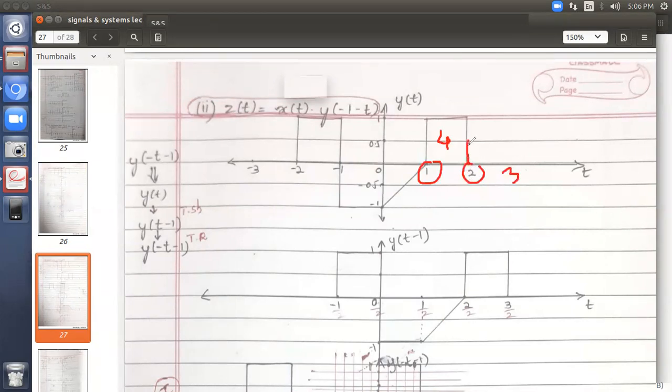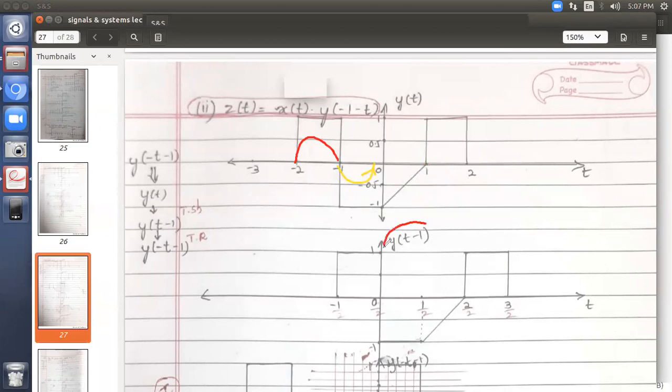If you shift 2 to here, 3, and 1 to 2 here, the new value is between 2 and 3, the fourth pulse. You can do this, as I have explained in the earlier classes, by shifting each point. Shift this point by 1, shift this point by 1. Likewise, you follow it every time.